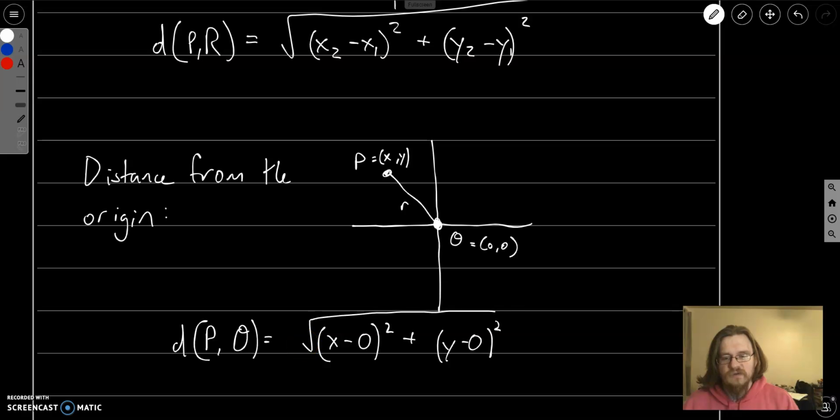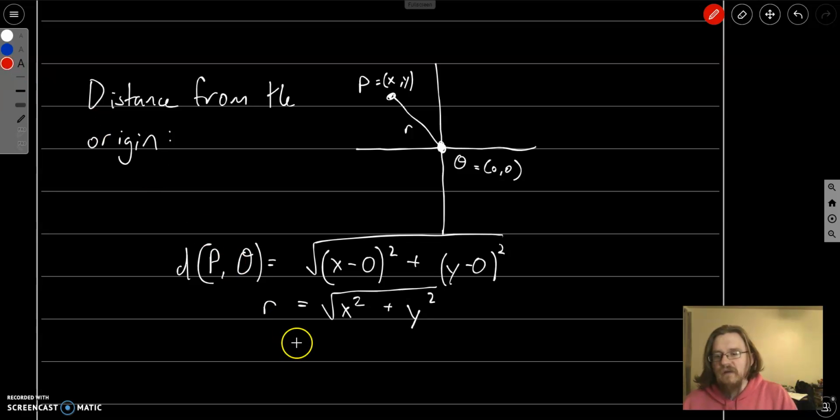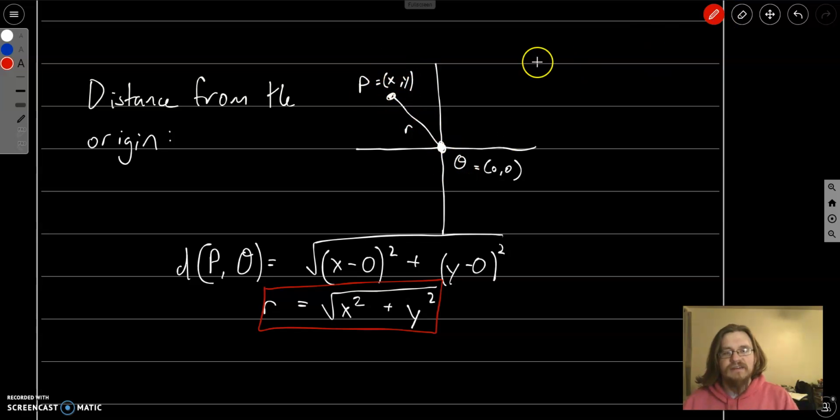But x minus 0 squared is just x squared, and y minus 0 squared is just y squared. We add them together and take the square root. So this is going to be this distance r. So we have a formula for the distance from any point x, y and the origin, and we'll use this quite a bit.